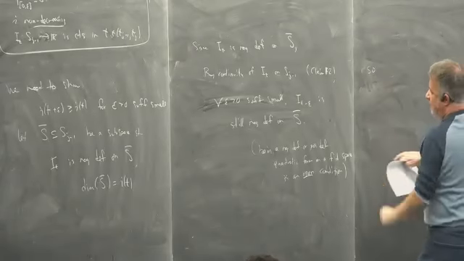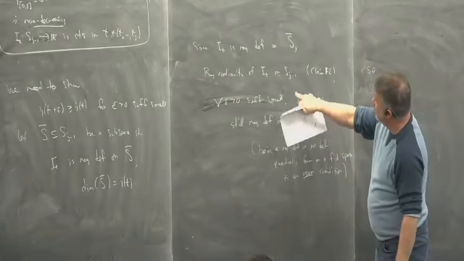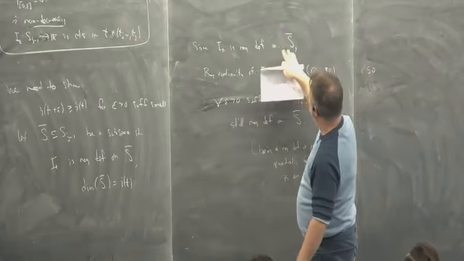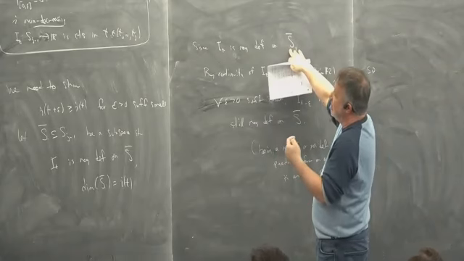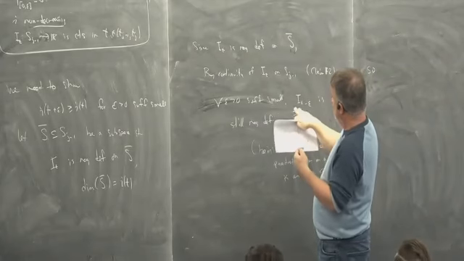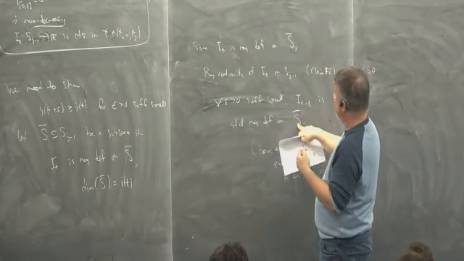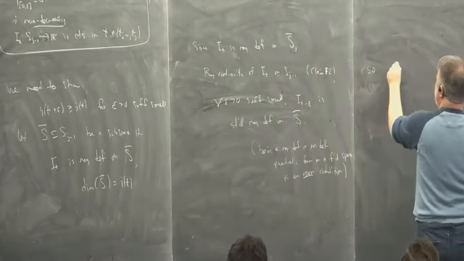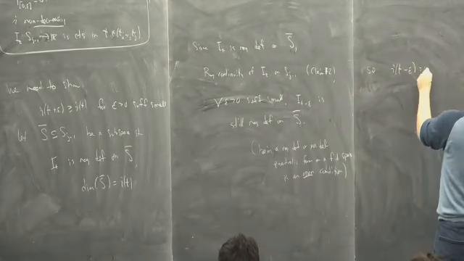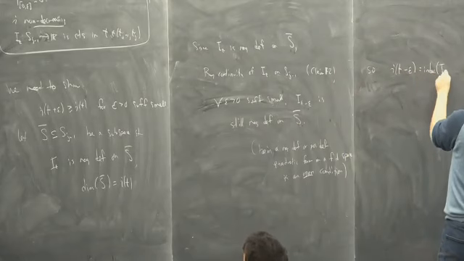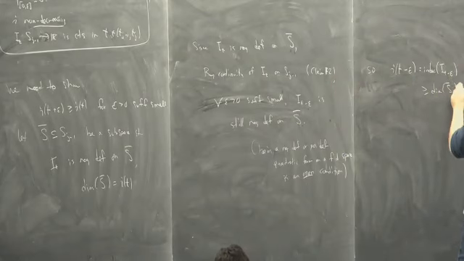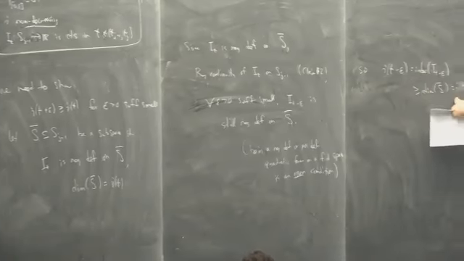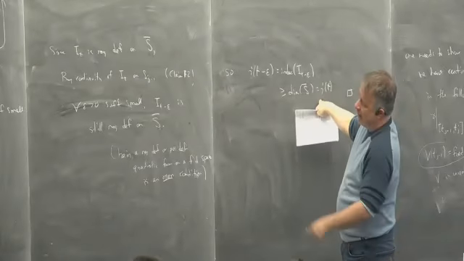So that means that I_t is negative definite on this subspace. As long as I move to something sufficiently close to t, the new quadratic form will still be negative definite on this. So i of t minus epsilon, which is the index of I_{t minus epsilon}, is going to be at least the dimension of S bar, which is i of t. Okay, that gives me the opposite inequality, and then I get the conclusion.